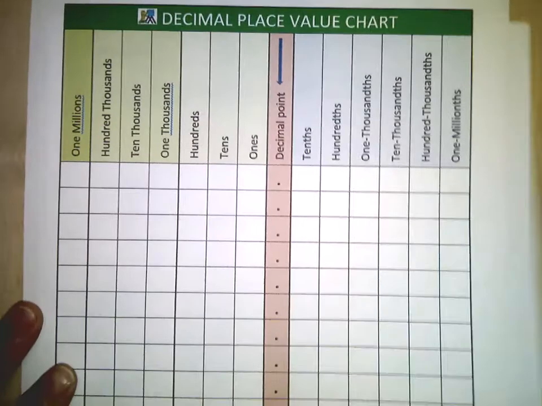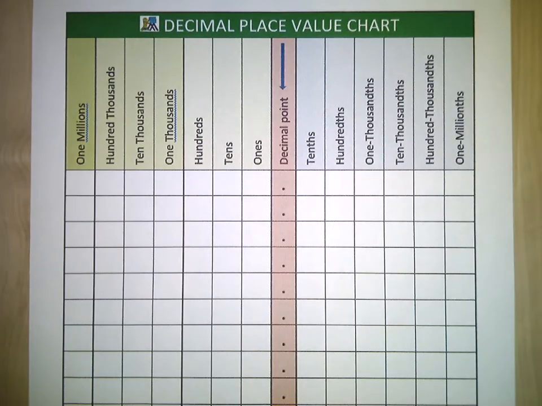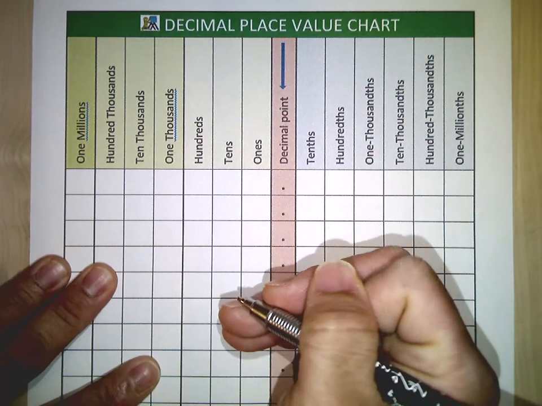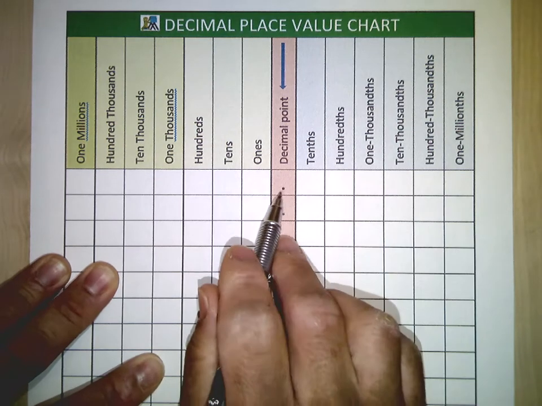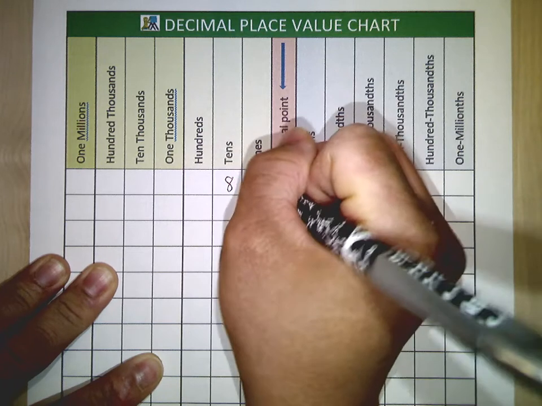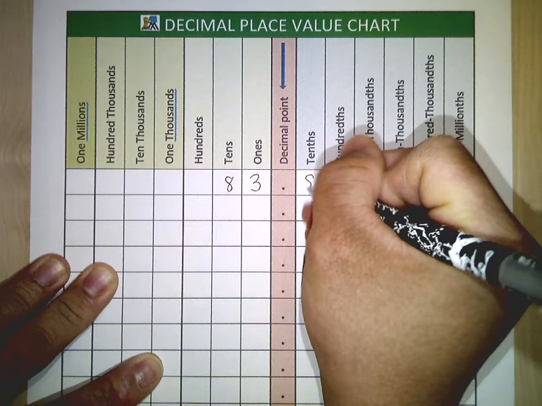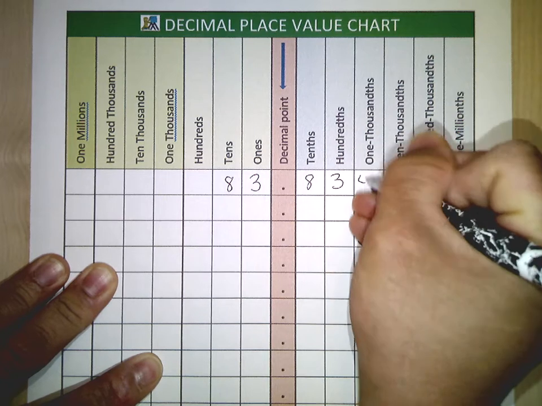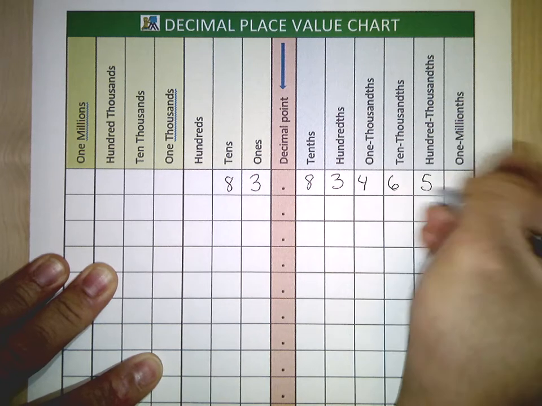Well, here is a place value chart, and I'm going to write the number on the place value chart, lining up the decimal point where it should be. 83.834651.